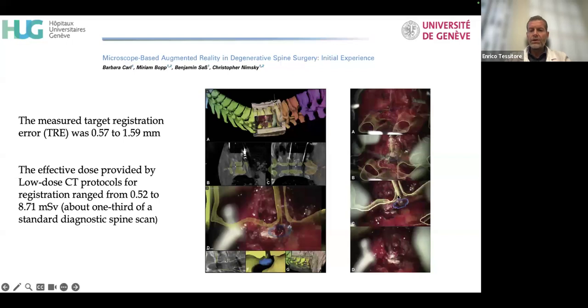You might see the disc hernia in blue superposed to the microscope view. And they measured the target registration error, which was very low, very often lower than 1 millimeter. And of course, the effective dose provided by the low dose CT protocols to acquire the images was much lower, at least 1/3 of a standard diagnostic spine scan.